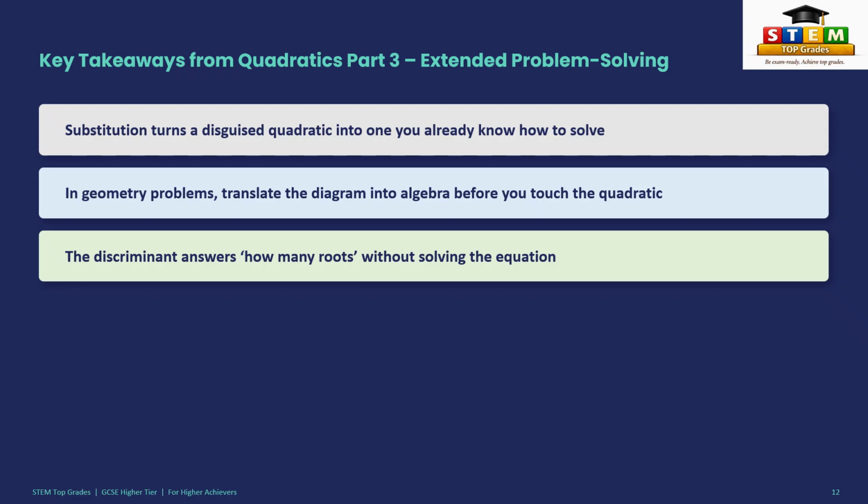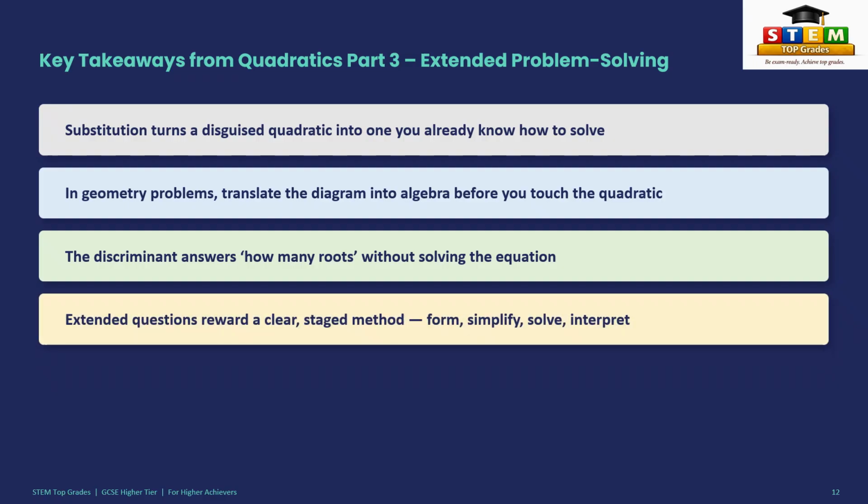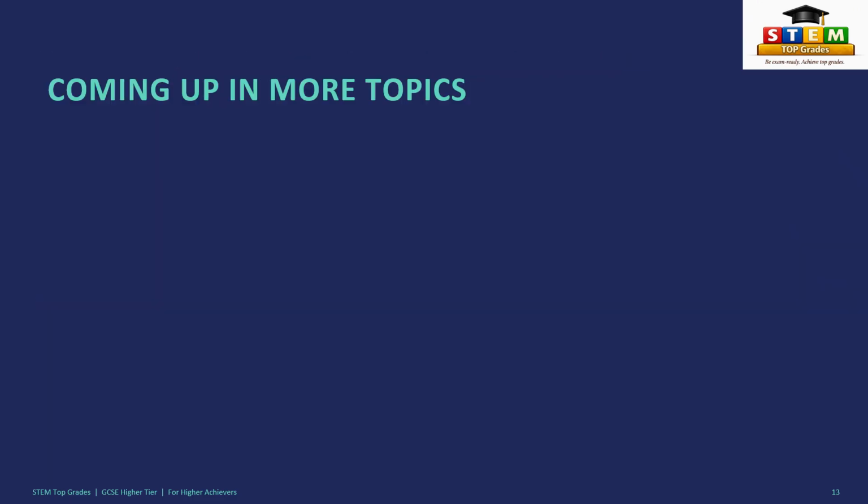Then the discriminant answers how many roots without solving the equation, sometimes the way to prove how many answers you get: 2 roots, 1 root, or no root. And then you have extended questions that reward a clear stage method. You go to form, simplify, solve, and interpret the answers.